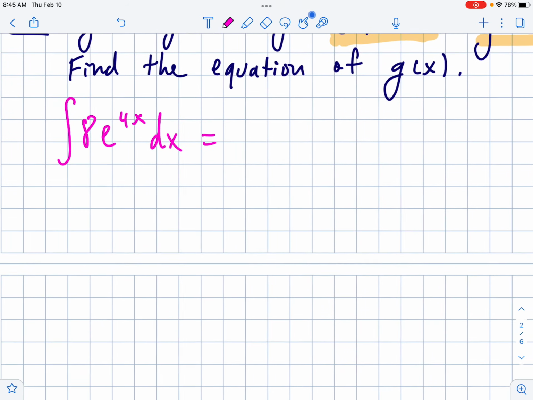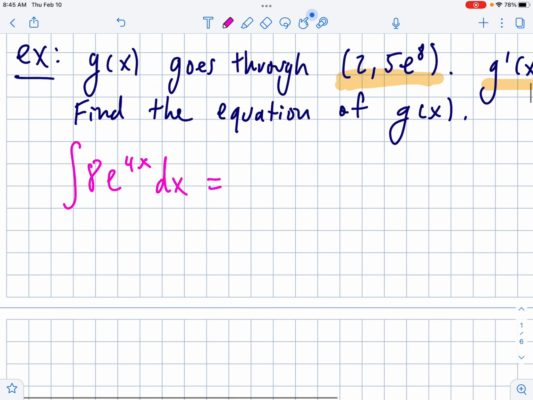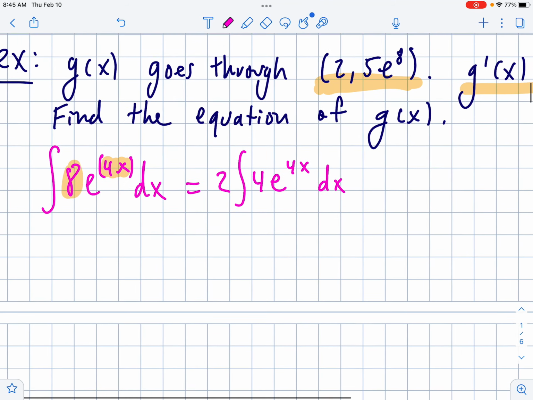Well, this is another sort of chain rule, where the inside function is 4x right here. Now the derivative of the inside would have been 4, but there's not just a 4 hanging out outside, there's an 8. So I think the way to think of this is that you break that 8 up into a 2 and a 4 and say this is 2 times 4e to the 4x dx.